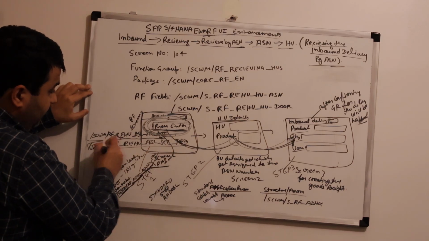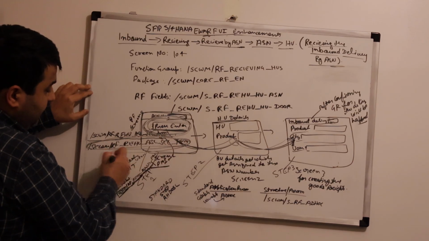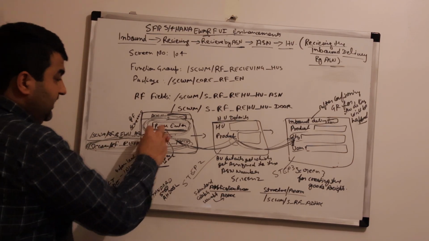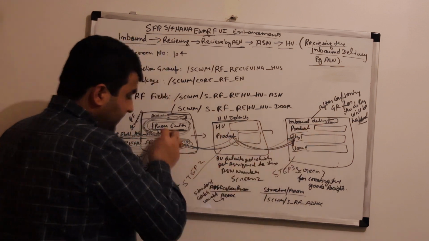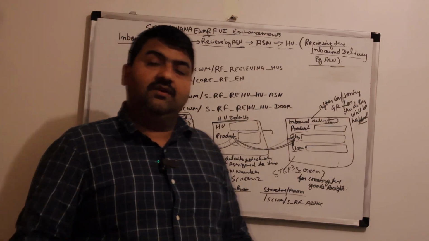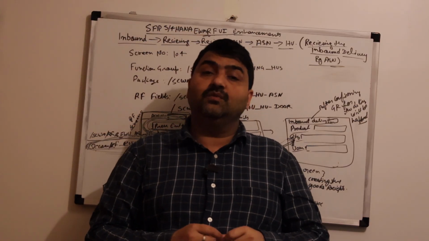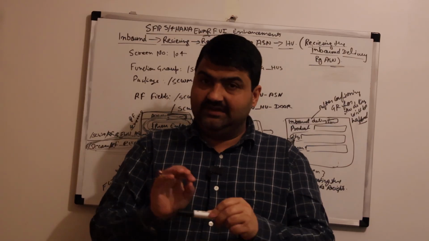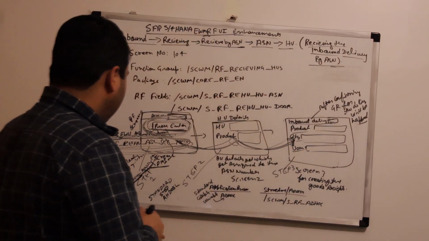This function module is triggered by the system. So we consider these as steps. We can jump from one screen to another screen on the RF screen through custom or standard steps. It's simple.